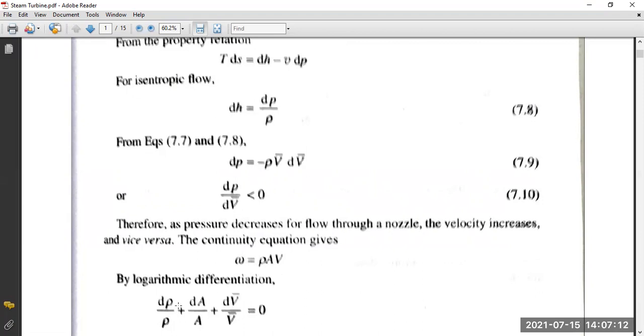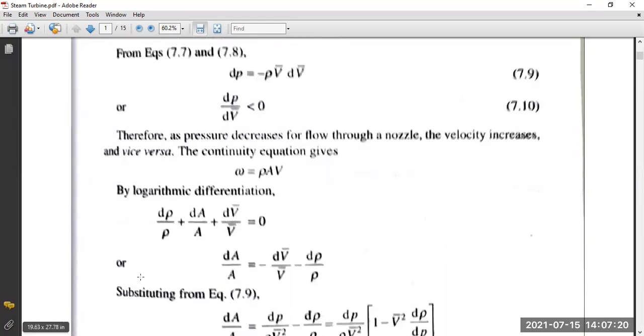If we differentiate both sides, it will be 1 by rho into d rho, 1 by A into dA, and 1 by V into dV is equal to 0. So we can write this equation as dA by A equal to minus dV by V minus d rho by rho.